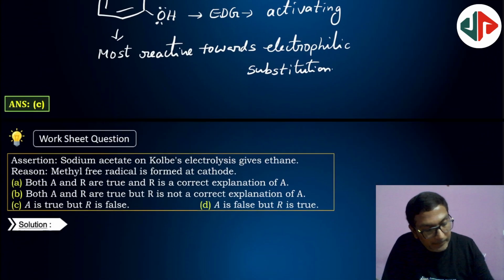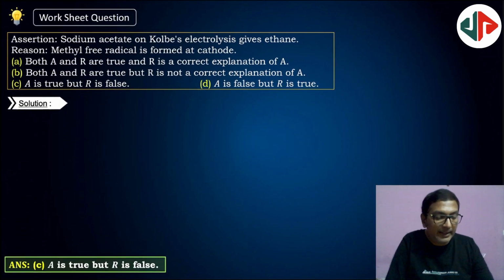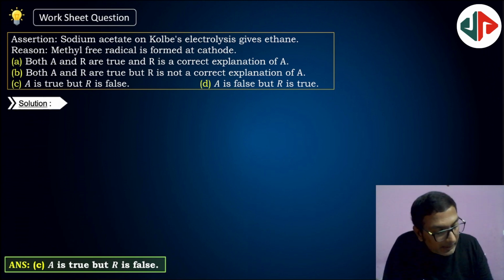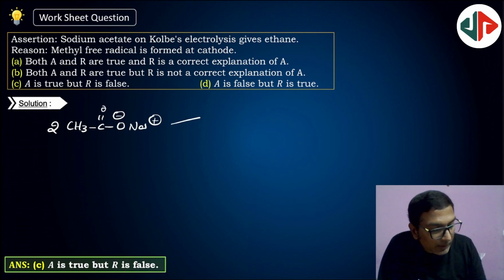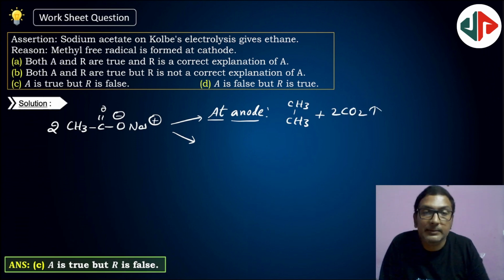Next. Electrolysis of sodium acetate will give ethane. If you take 2 moles of CH3COONa, at the anode the hydrocarbon ethane plus 2 moles of CO2 will be formed.